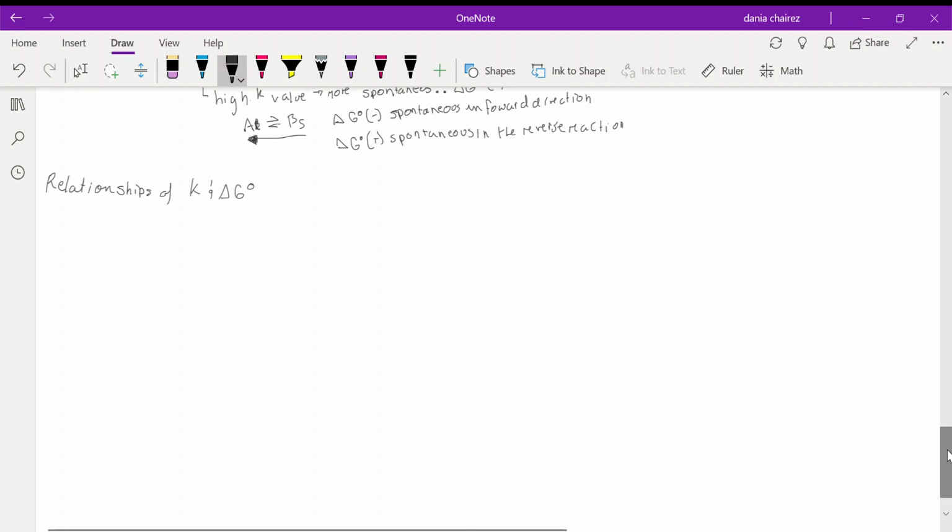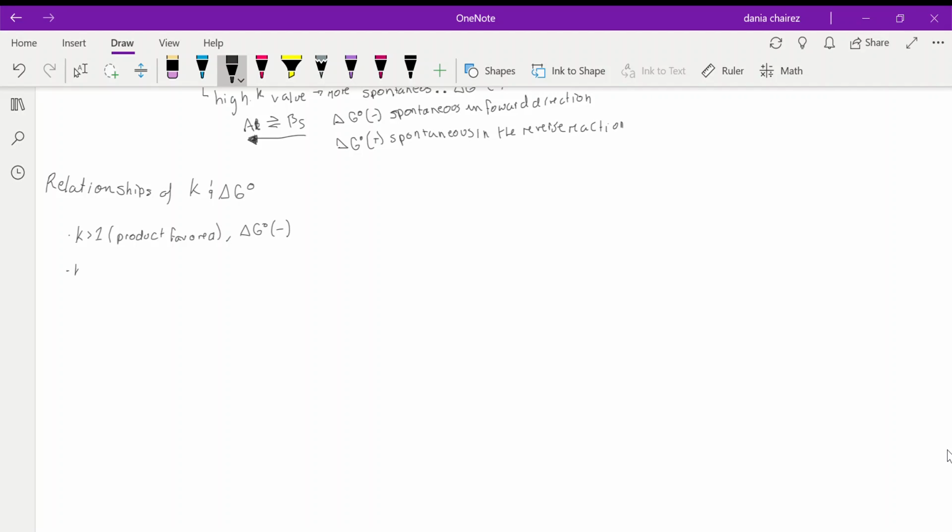So essentially what the relationships are is if K is greater than 1, product favored, then your delta G naught is going to be negative and therefore spontaneous.